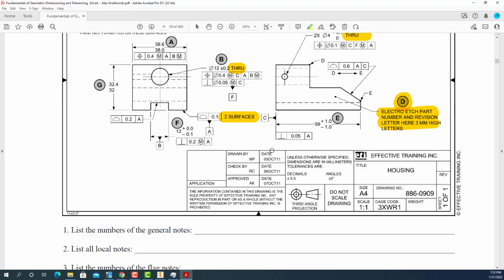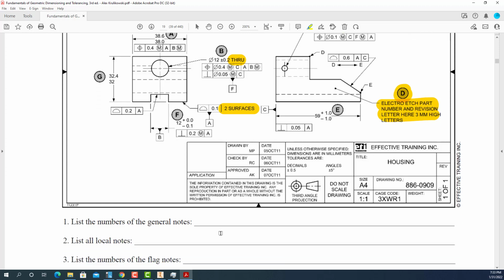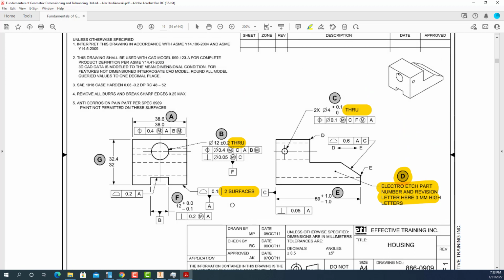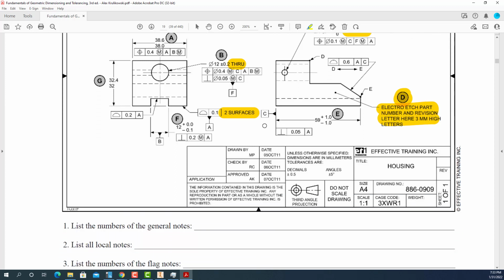So list the numbers of the flag notes. You guys see any flag notes? No. Then you say there are none. If there are no symbols around any general notes, you do not have flag notes. There could be for this one, if they had this as a note, for the part marking.